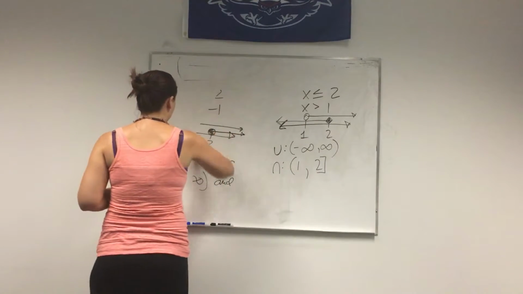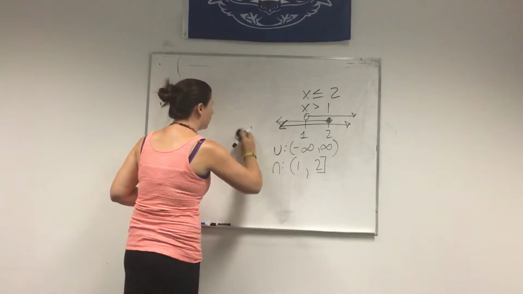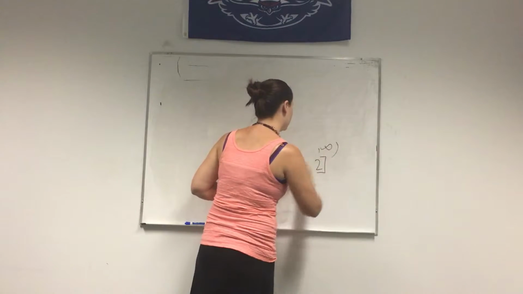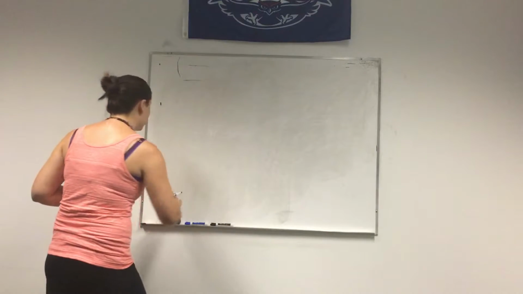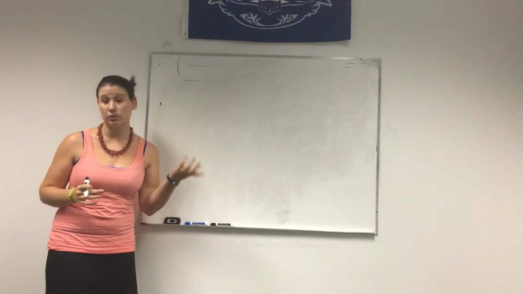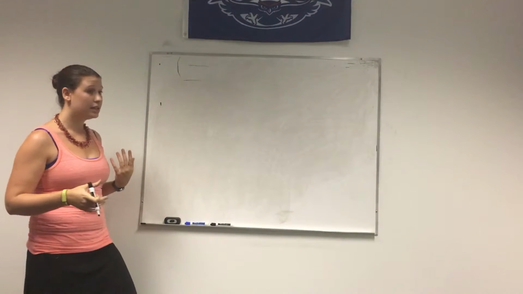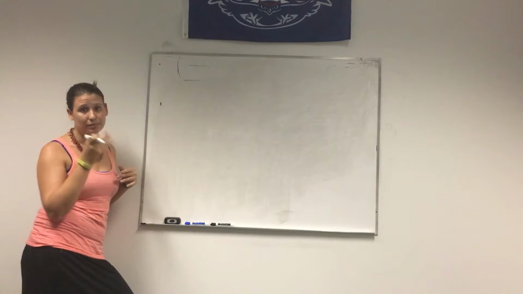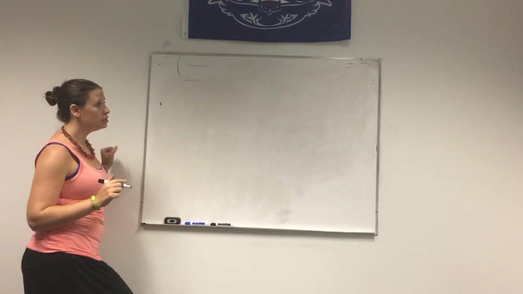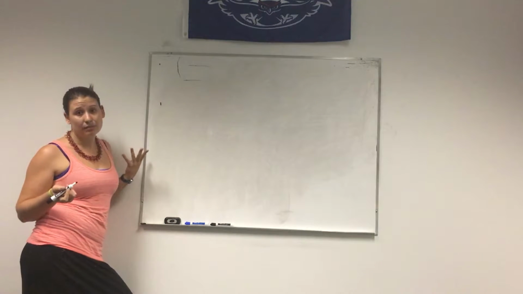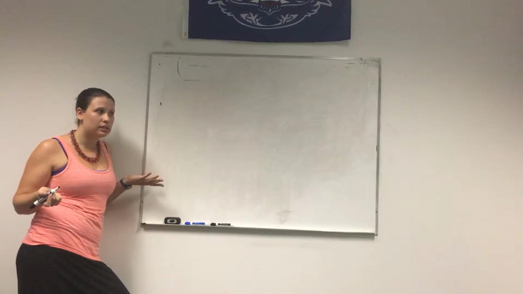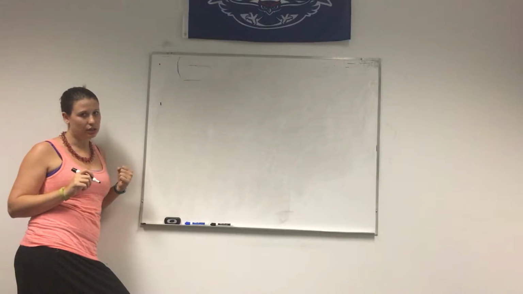Now, I did promise to talk about compound inequalities with this as well. Compound inequalities are a little different in that first we have to solve them out, and then they will mention and or in the middle of them. So, if they tell us and in the middle, that means realistically it's the intersection.